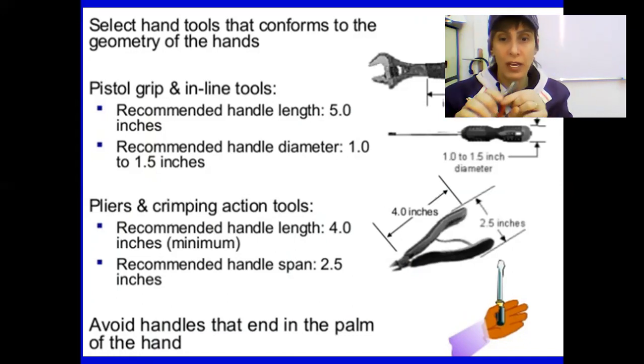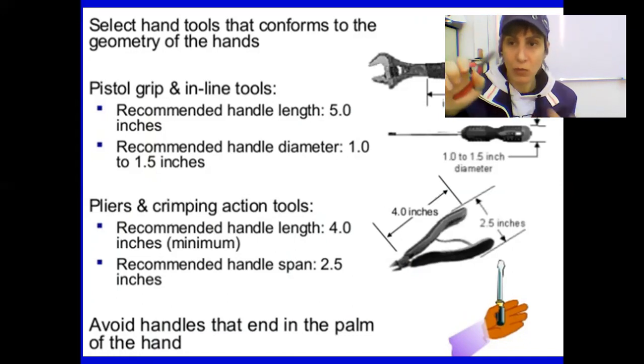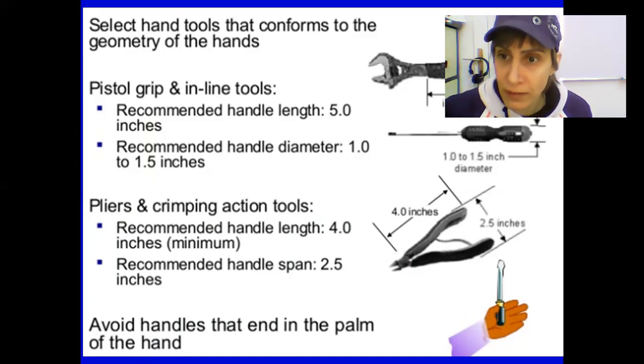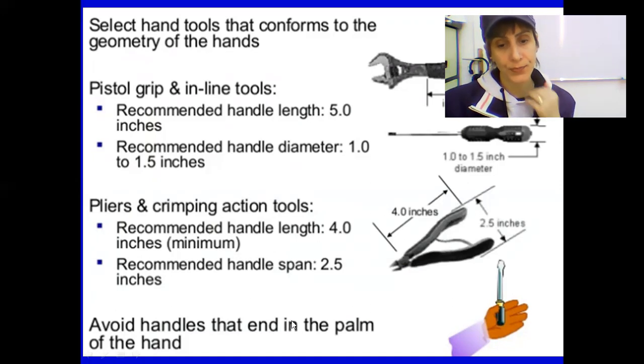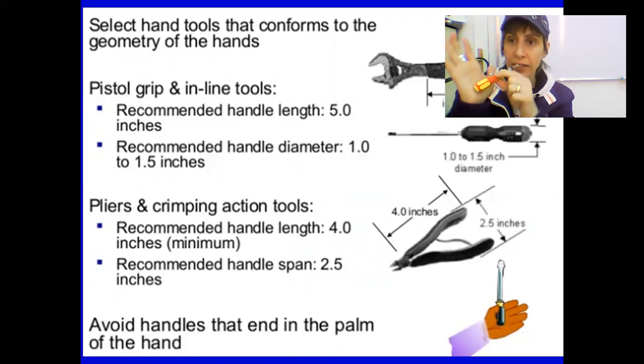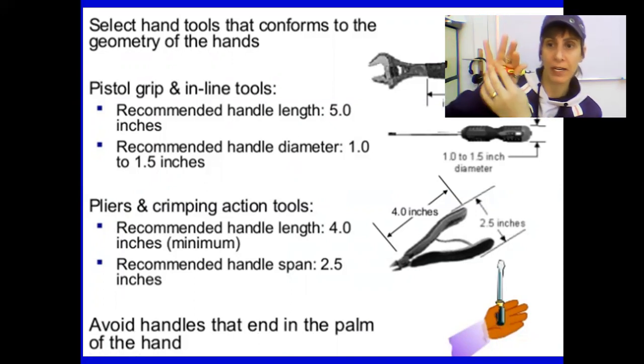Now this one, the movements you perform with it are different. So the measurements are different also. So what is the recommended length and span and so on? Here also is a recommendation to avoid hand tools where the handle, you see the handle, ends in the middle of the palm.